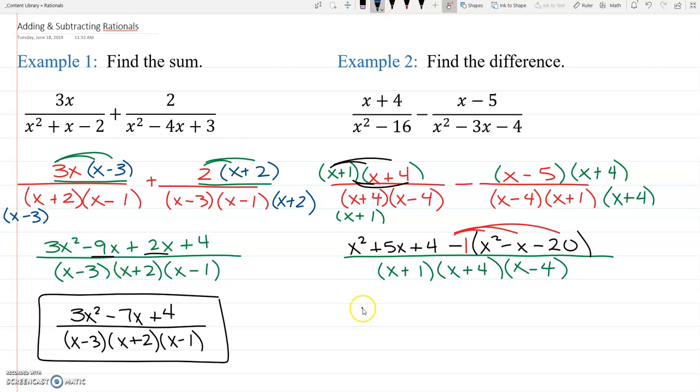So now I'm going to have x squared plus 5x plus 4. That didn't change. But now I have negative x squared. Now I have positive x. Now I got positive 20 over all that crap. And I'll write it in my answer, but I don't want to keep writing the same denominator over and over. Okay.